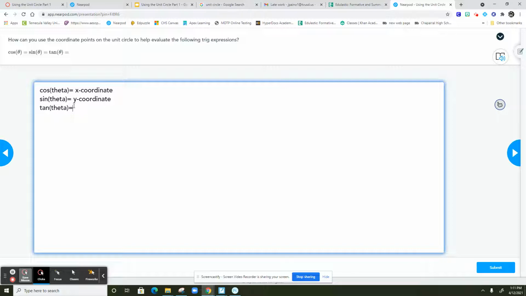And so opposite over adjacent means that it's just sine over cosine, which means it's the y coordinate divided by the x coordinate. So another way of thinking about it is tangent equals sine over cosine, or just y over x if you're looking at the coordinate points.